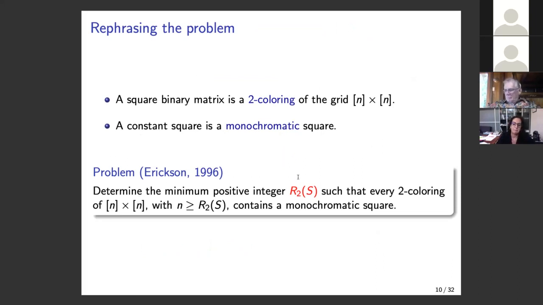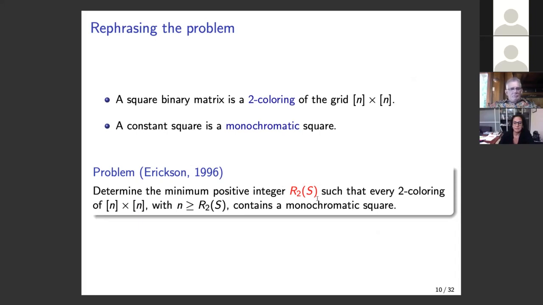In Ramsey theory, we have Ramsey type parameters for each problem, for each setting. In this case, this parameter is the minimum positive integer such that every two-coloring, or if you want, every binary matrix of this size or larger, contains a monochromatic square, or in the other language, a constant square. So the Ericsson matrix problem is to determine this parameter, the exact value.